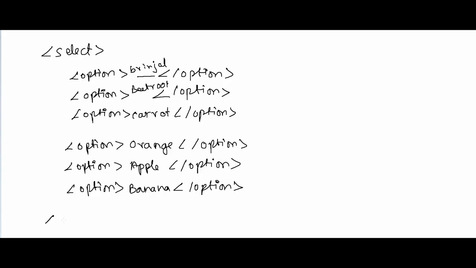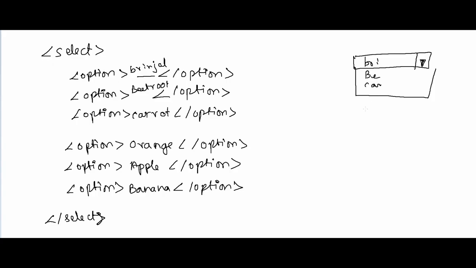At last we will close the select, right? In this case, I have listed all the fruits and vegetables in a single select. When I run this code, I will get a drop down like this, and this drop down list will contain brinjal, beetroot, carrot, similar to what we have given here, and oranges, apple and banana. It will be listed in a single list.